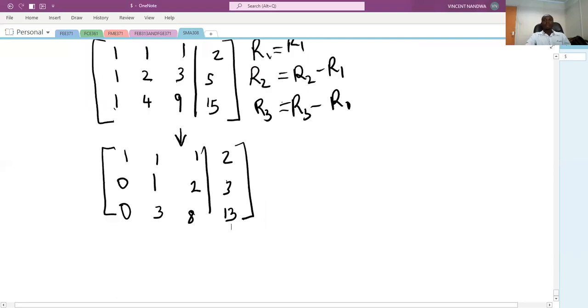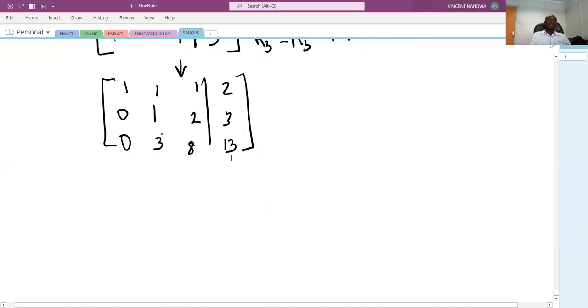And then I expect to have a 0 here. So row 1, I keep it to be row 1. Row 2, I keep it to be row 2. But row 3, I'll say row 3 minus 3 row 2.